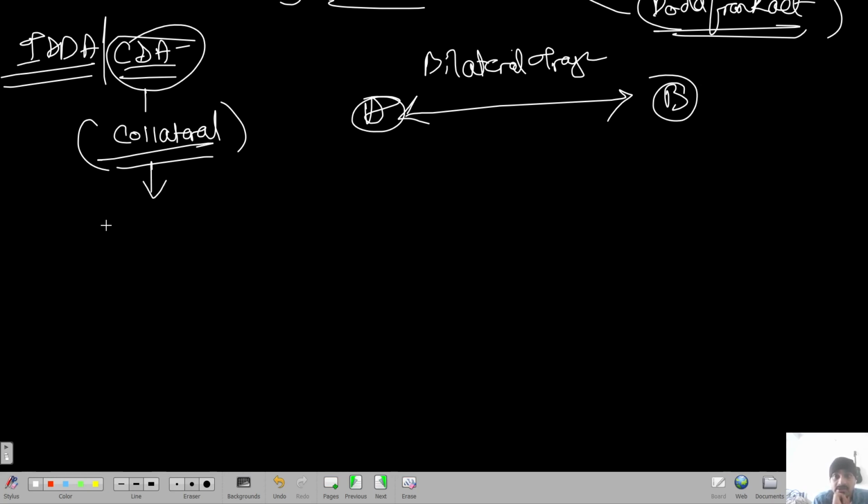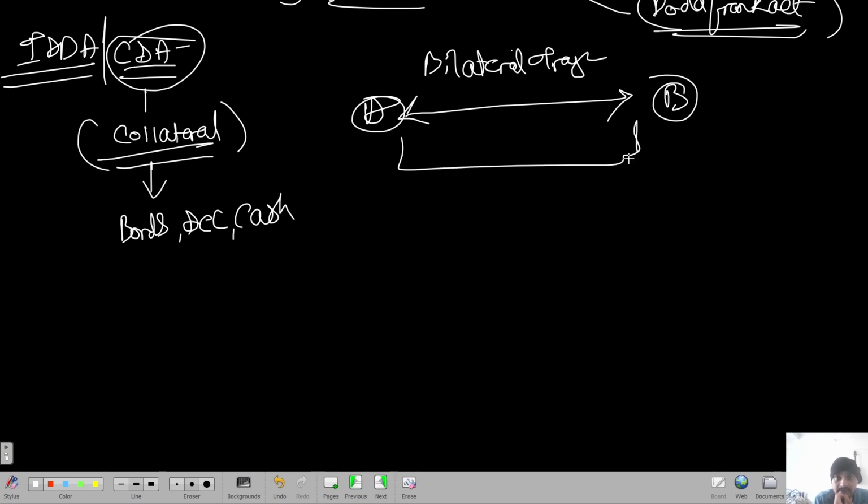So in case of a default, or in case there is a margin call, how is the collateral going to be exchanged? What is going to be the collateral? The collateral could be bonds, securities, it could be cash as well.